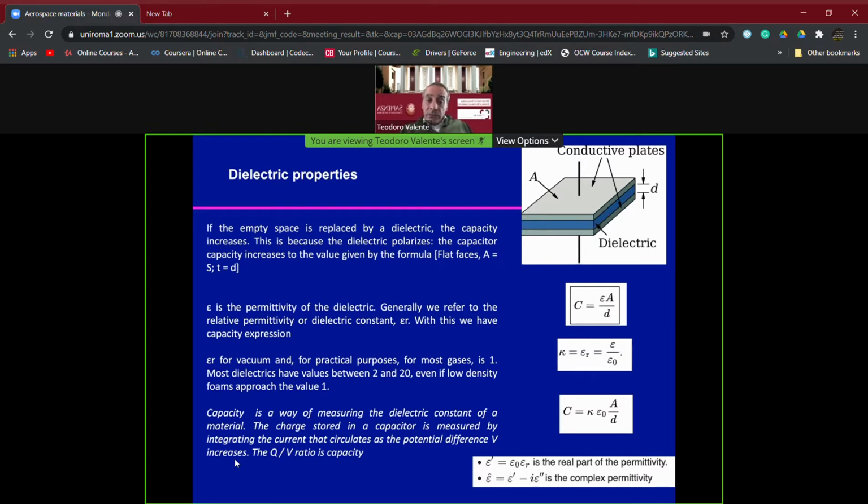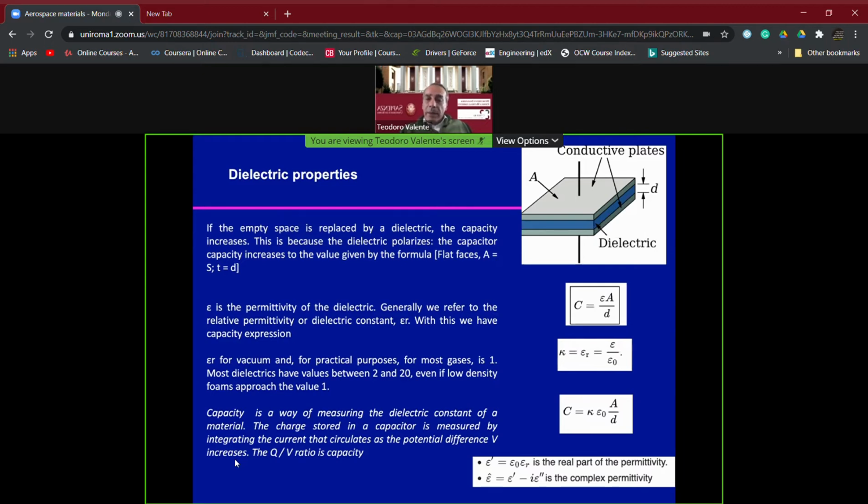Most dielectric materials have values of the relative permittivity between 2 and 20, even if materials having low density, such as foams, for example the polymeric-based foams we studied, are very near to the relative permittivity of air or gases, that is approaching the value of 1.